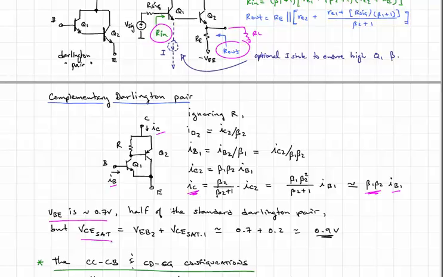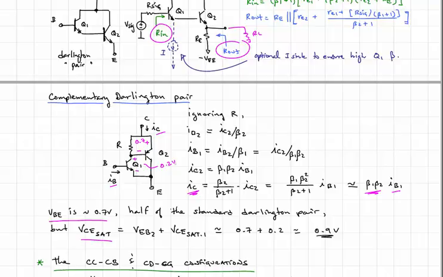The non-complementary Darlington pair would have a VCE SAT that's 0.1, 0.2, just like a regular transistor. Here, in saturation, if you look from the collector and work your way down to the emitter, you would have 0.7 volts in the VBE junction of Q2, and then you could have 0.2 volts, say, in VCE SAT of Q1, and you add that together and you get about 0.8, 0.9 volts for VCE SAT.